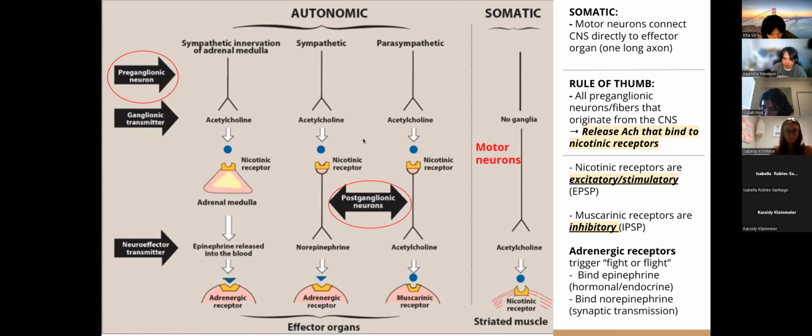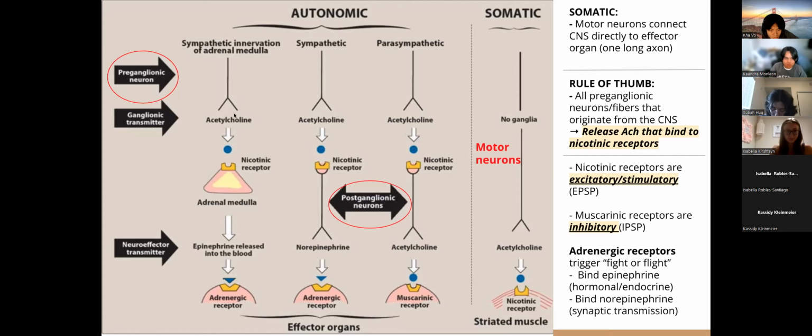A general rule of thumb that you should remember in terms of preganglionic neurons is that anything that directly originates from the CNS, or the central nervous system, is going to release a neurotransmitter known as acetylcholine, right? And this neurotransmitter acetylcholine will bind to nicotinic receptors.